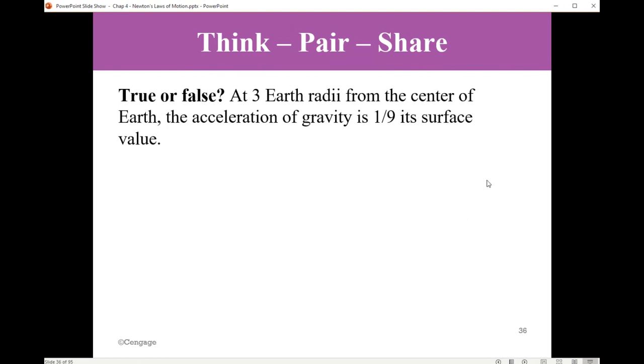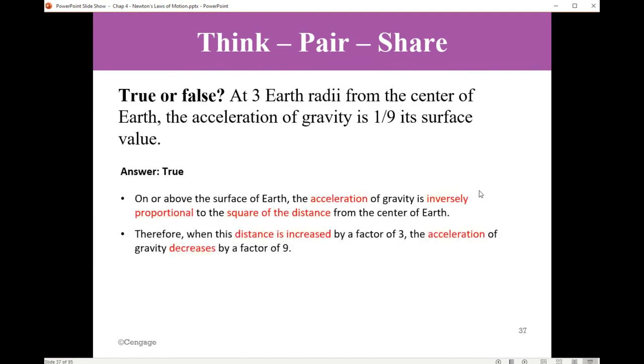Ryan? Is it true? Yes. Thank you. Because we have the r squared dependence. The distance will be squared. If it's 3 R's, now you have this new factor 1/9. Thanks.